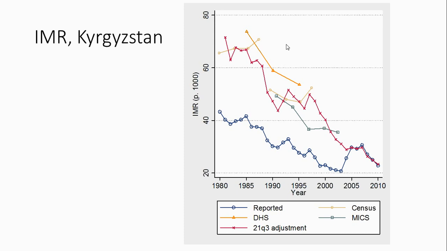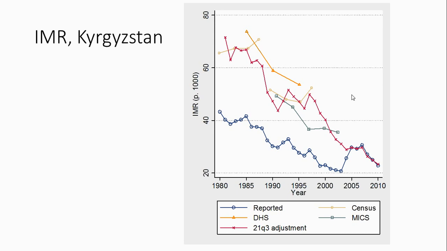But the advantage of using this adjusted VR to look at patterns and trends in mortality in countries like Kyrgyzstan is that we have an annual time series for a long time period. We don't have just 2 points. We have data for the more recent period, which was not the case at the time in terms of survey data. And then we see patterns that were actually not detected in survey data.